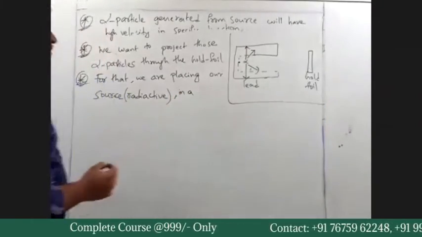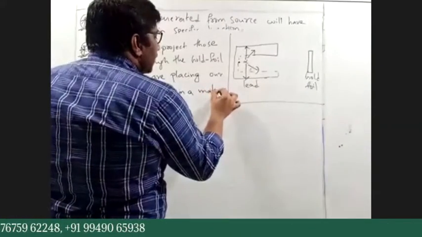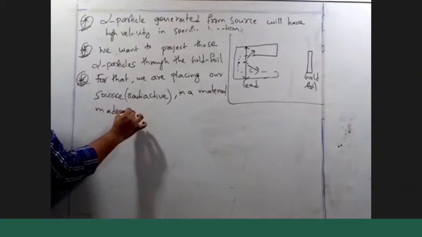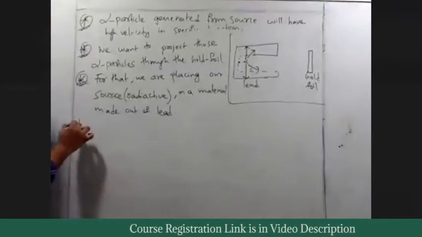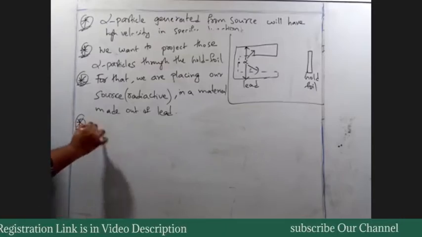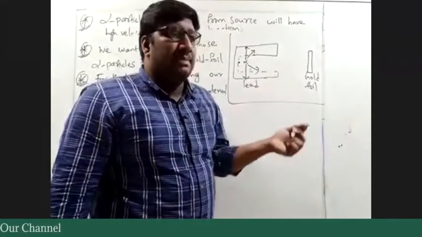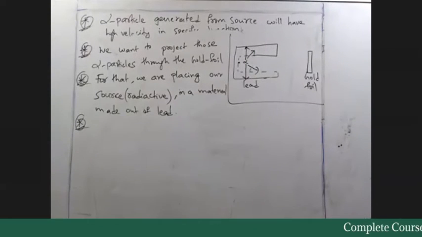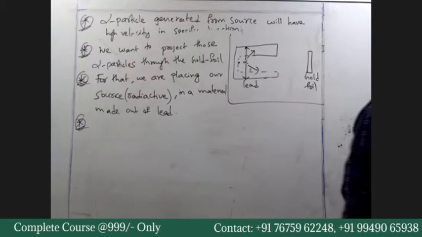We are placing our source in a material made out of lead. Reason: because when compared to many other metals, lead is cheap, and the density of lead is high.